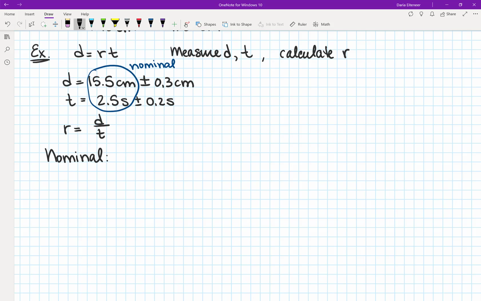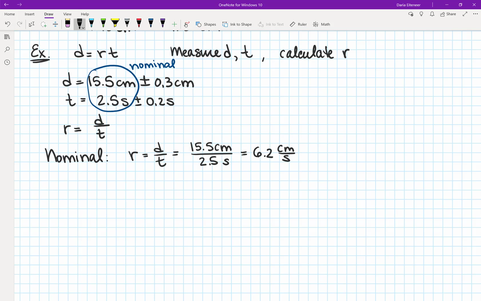I would do R equals D over T, which is 15.5 centimeters divided by 2.5 seconds. I'm going to put that in my calculator and get 6.2 centimeters per second. Well, in principle, you should also think about sig figs here. We already talked about sig figs, right? For division, you're going to use the smallest number of sig figs, 2 sig figs. Okay, so everything's fine. Proper units, no problem. So that's the nominal value.